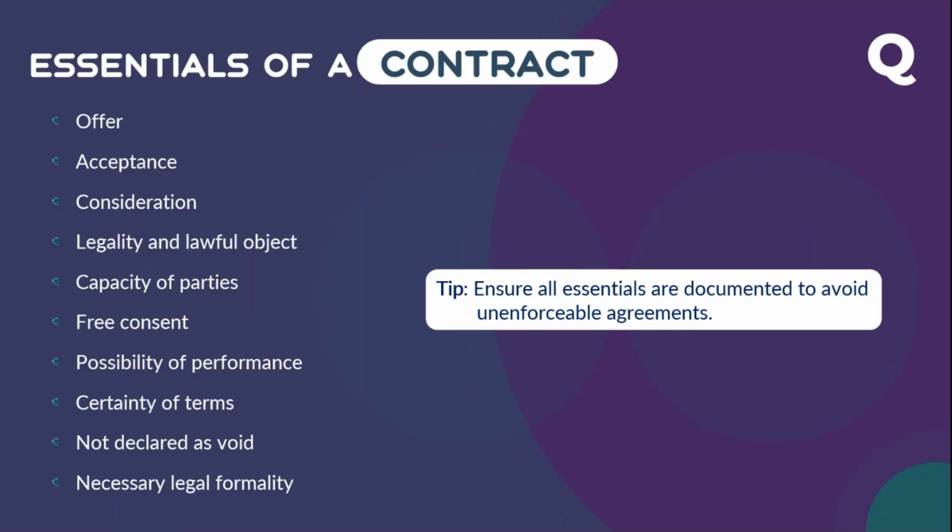Then, guys, capacity of parties. This is very important. You have to ensure the party who signed the contract has the capacity. This is the reason we ask the contractor to submit their commercial license and the power of attorney. In the commercial license, you should check whose name is there. That party has to sign the contract.